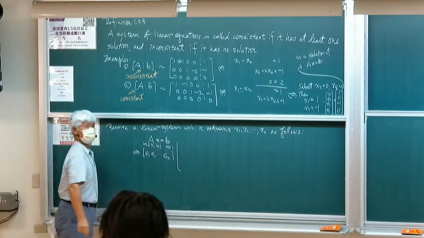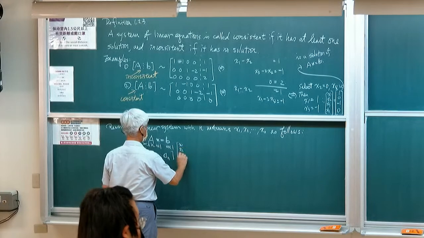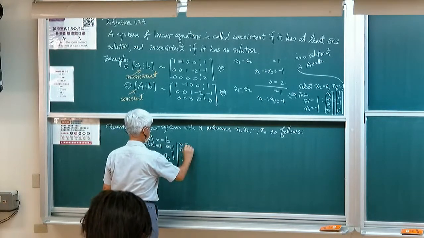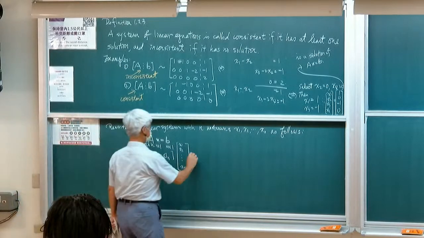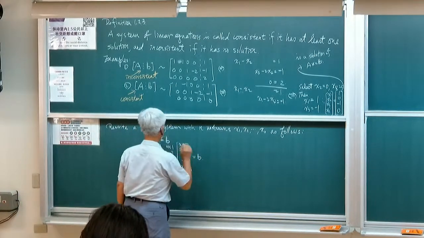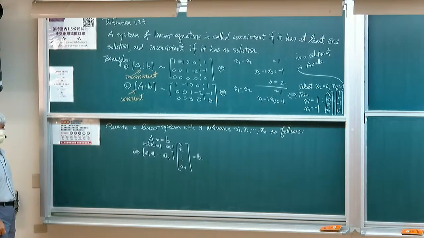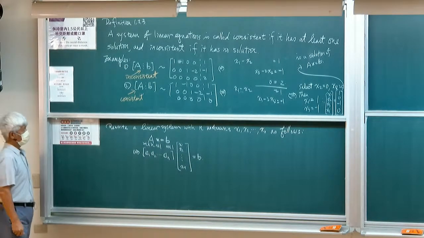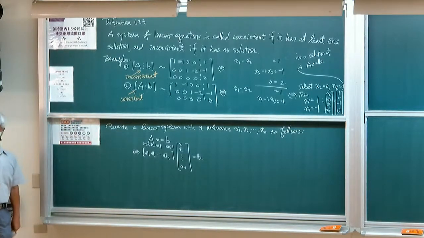And the unknown vector has n components. And you write down the right-hand side vector b. Matrix multiplication, because in this section we are talking about matrix multiplications, we have to use matrix multiplications freely.